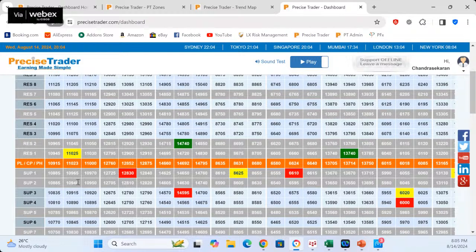If you're a conservative trader, you try not to enter the first entry. But if you're an aggressive trader, it's going to be a wider stop loss, and the profit would also be better.